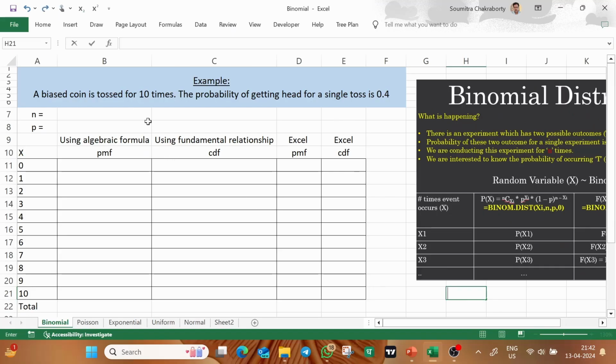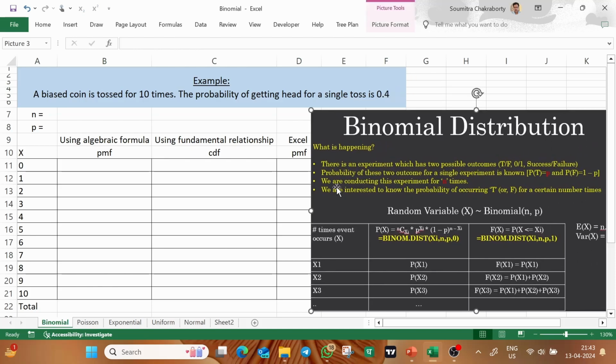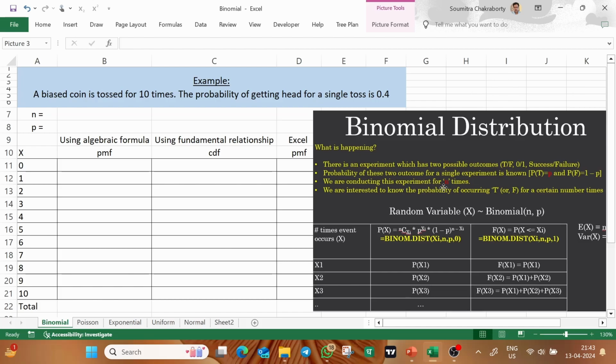So here is the problem. A biased coin is tossed 10 times. The probability of getting heads for a single toss is 0.4. Note that according to our definition, we are conducting this experiment n times.